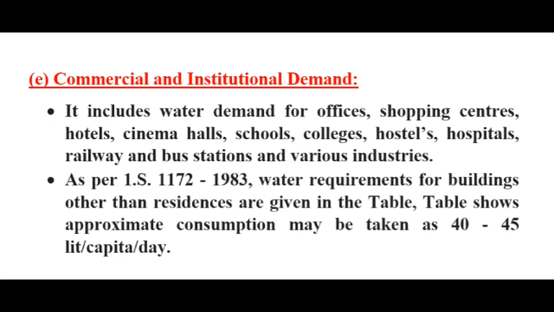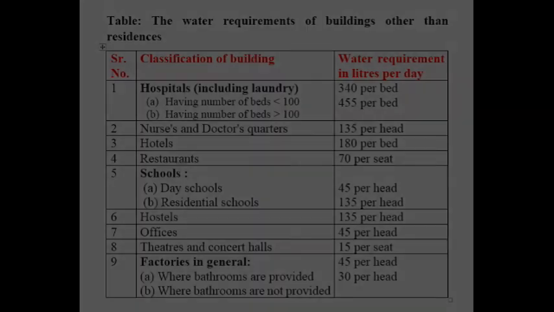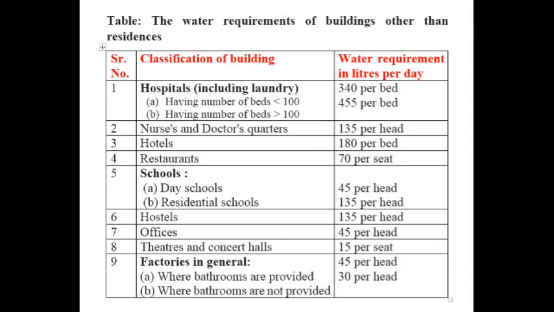As per IS 1172-1983, water requirements for buildings other than residences are given in the table. Table shows approximate consumption may be taken as 40 to 45 liter per capita per day.